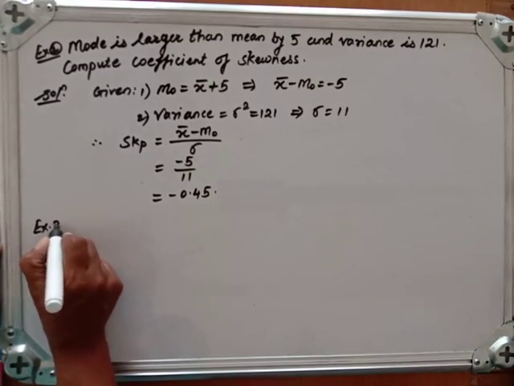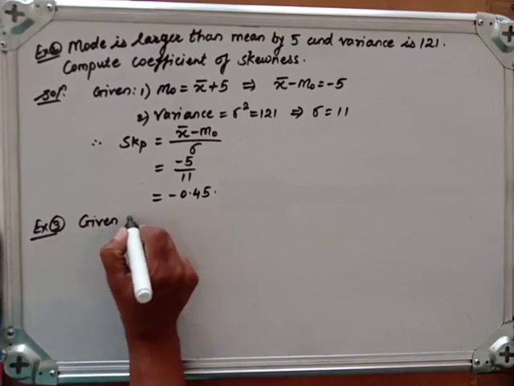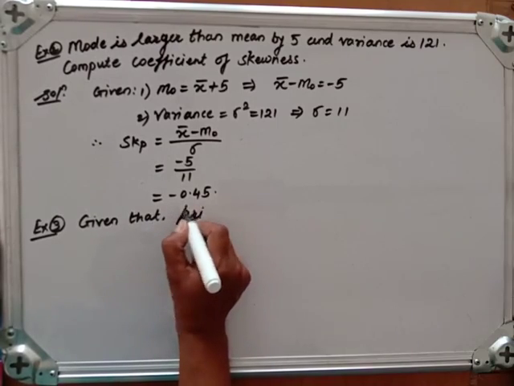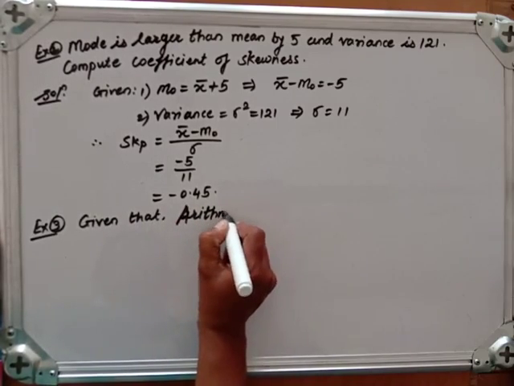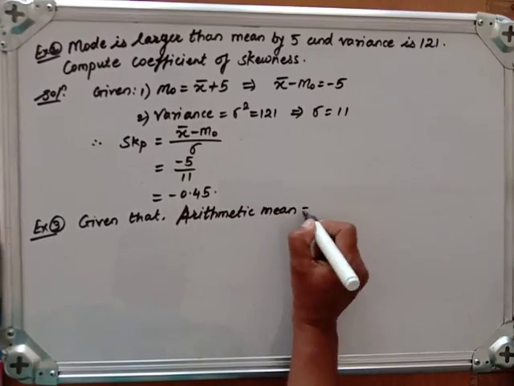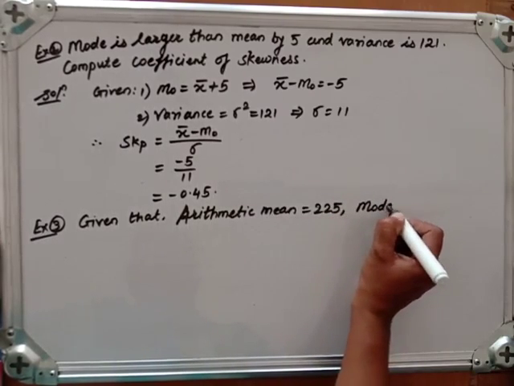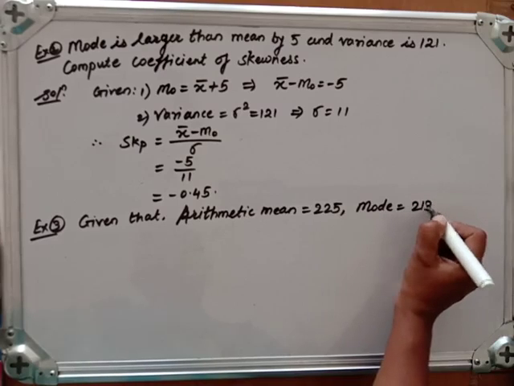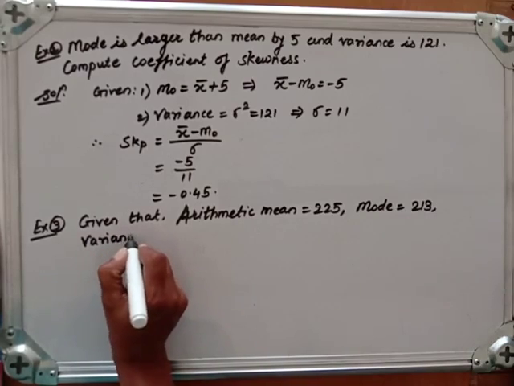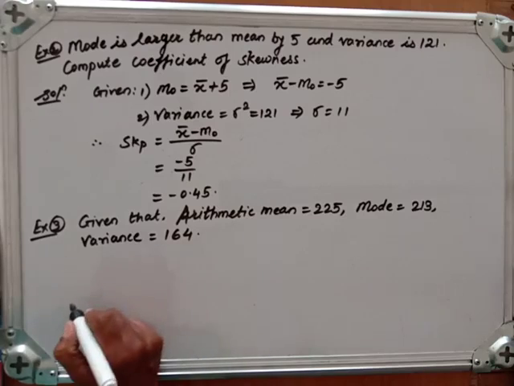Fine. Now the next example. Suppose given that arithmetic mean is equal to 225, mode equal to 213, and variance is 164.